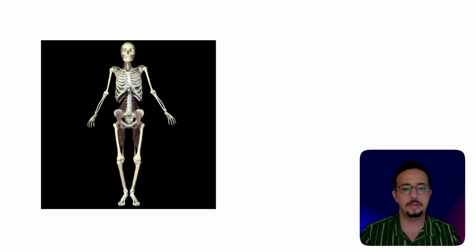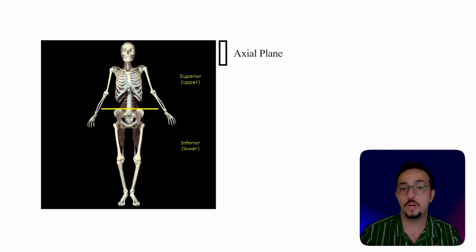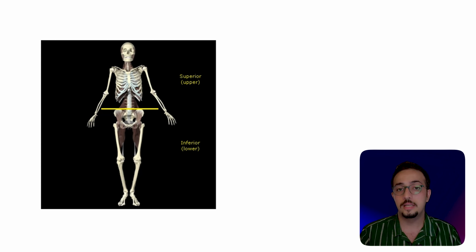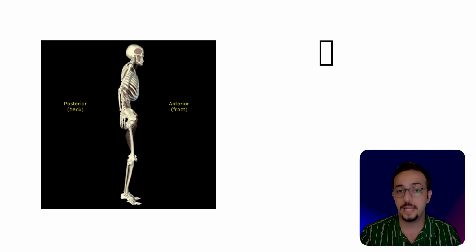Now, there are three main ways we can slice up the body, called planes. The axial, which cuts the body horizontally, so you get a top half and a bottom half, superior and inferior. Then there is the coronal plane.